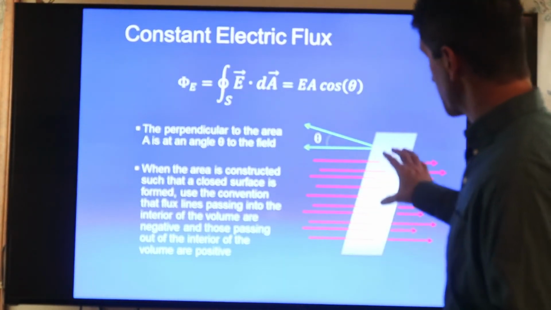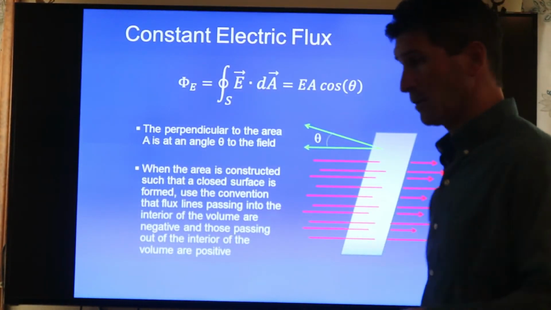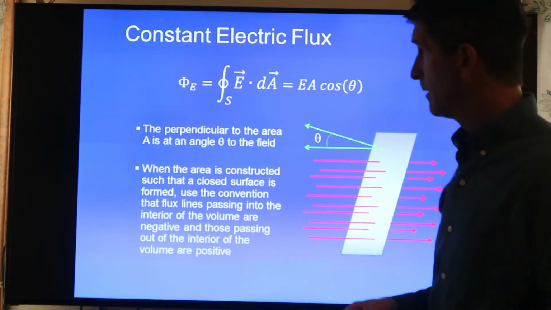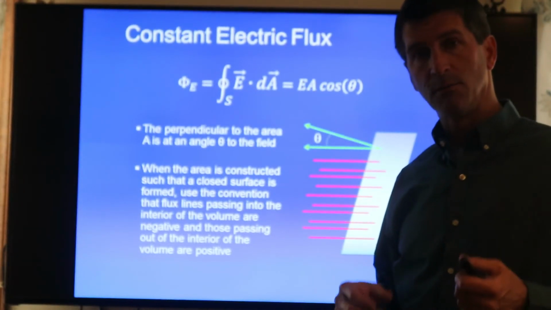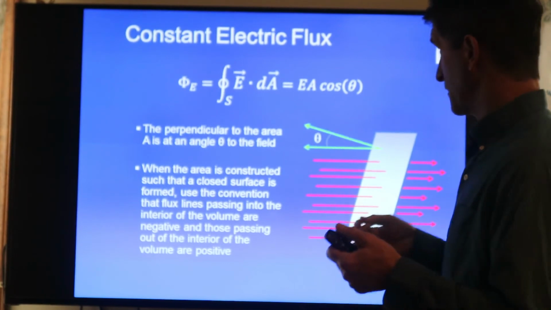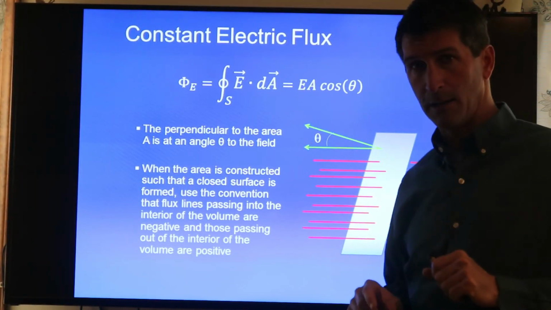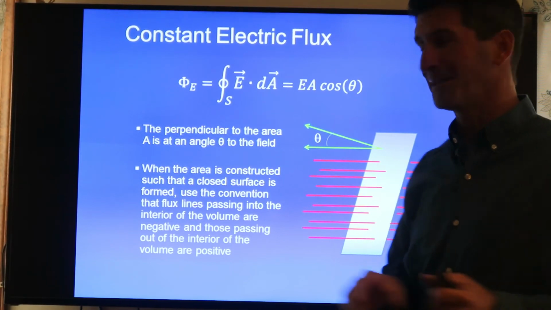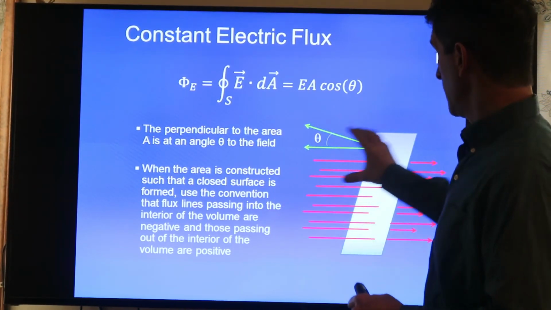Okay? As long as it's flat, all the electric field lines are passing through the surface at the same angle. Therefore, this surface integral can reduce to something that's really easy to calculate. Once again, I need to add something. The electric field has to be constant across the surface.